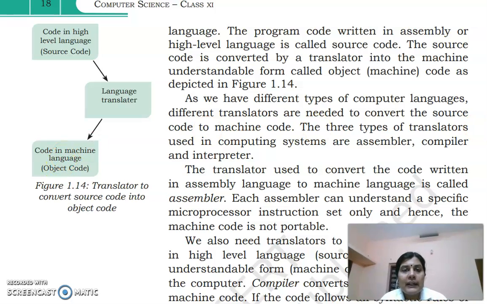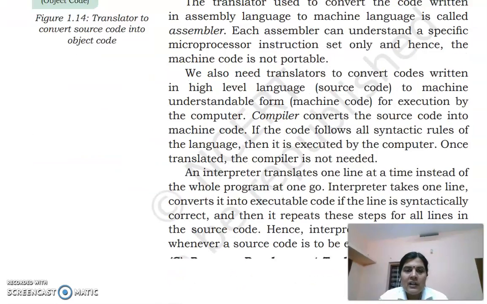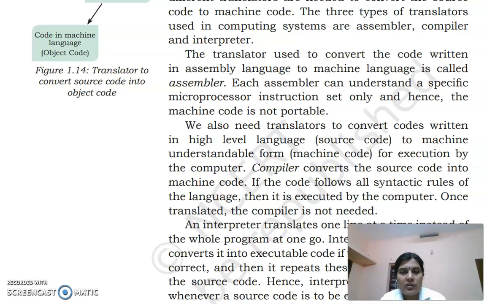So the program code written in high level language or assembly language is known as source code. The converted language is known as machine language or object code. We have different types of languages, so different translators are needed: assembly language, high level language, and in high level language also there are many classifications like Python, C, C++, Java, etc. The translator used to convert code written in assembly language to machine language is known as an assembler.